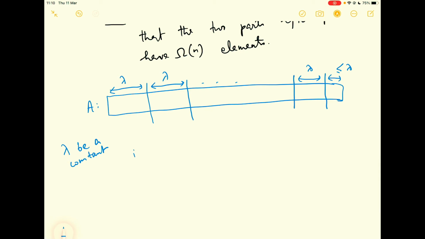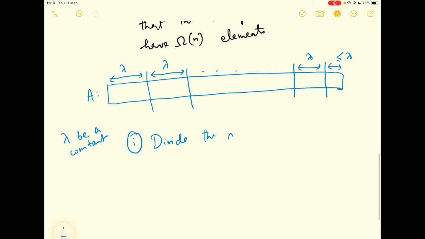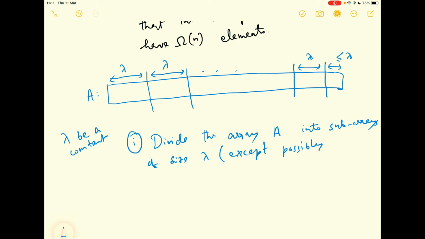So step 1 is divide the array A into sub arrays of size lambda, except possibly the last one.